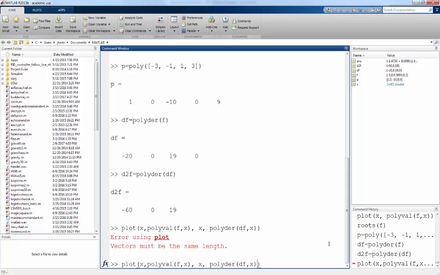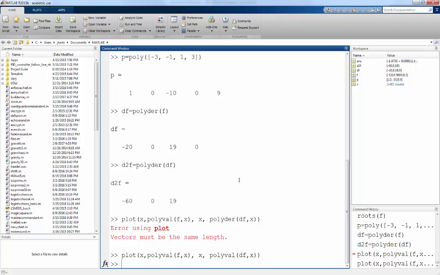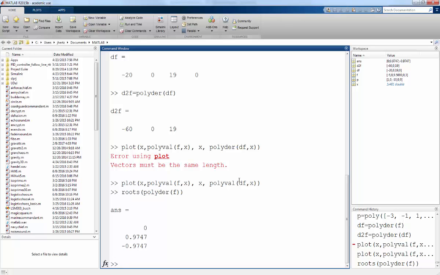Oops. If you want to know where the minima and maxima of a function are, then you can ask for the roots of the derivative of a function. Right, so where the derivative is equal to 0, that's where the minima and maxima of a function can be found.